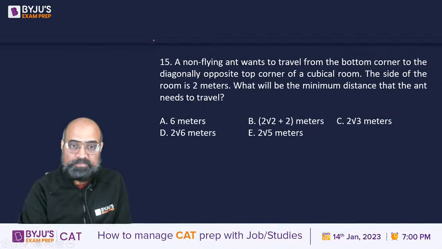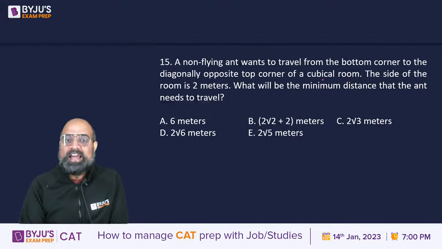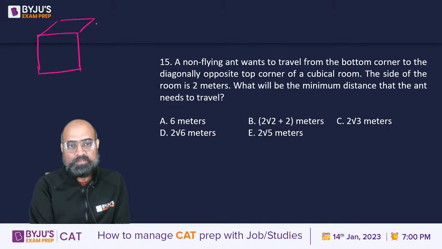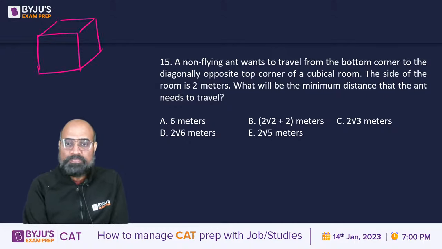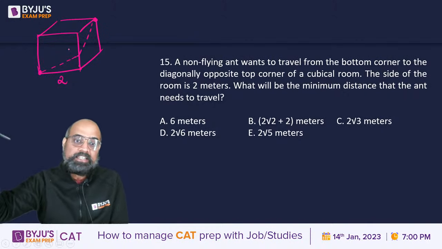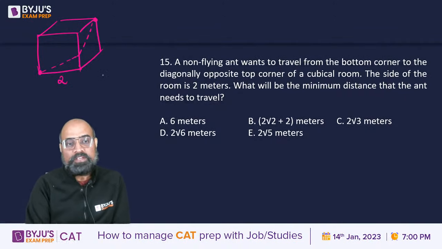ठीक है? A non-flying ant wants to travel from the bottom corner to the diagonally opposite corner of your cubicle room. So you have a cubicle room. This side of the room is 2 meters and it wants to start from here and wants to go there. So this is the trajectory that it is going to follow, because it can't fly, so it can't straight away go via the longest diagonal, right? वो तो नहीं होने वाला.